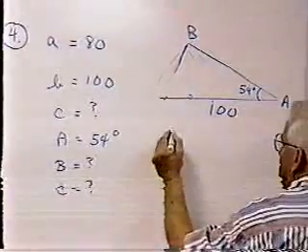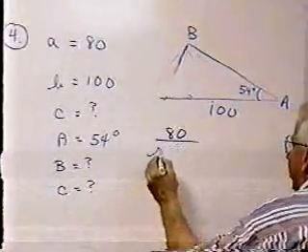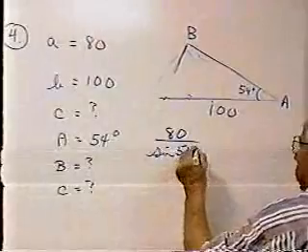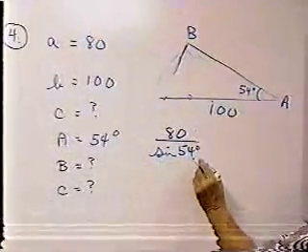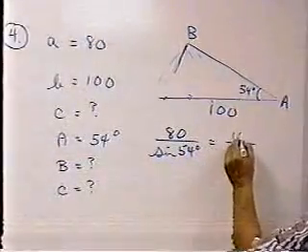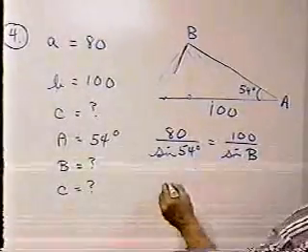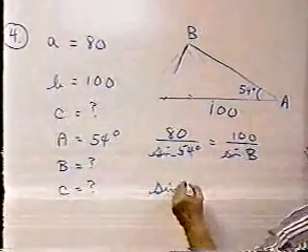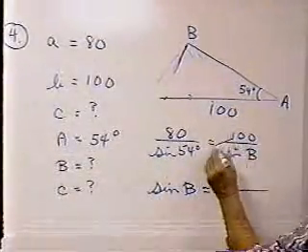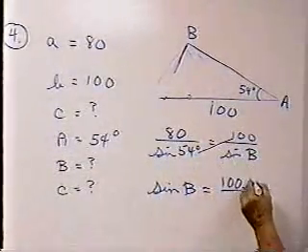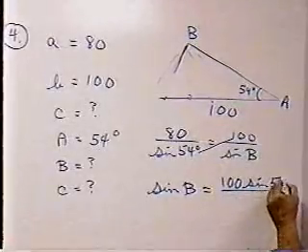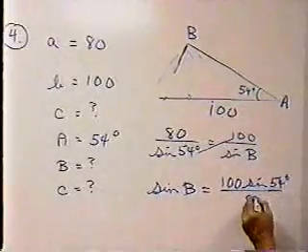Let's see, we have 80 is to the sine of 54 degrees, as B is to the sine of angle B. Cross multiplying, we have the sine of B is equal to 100 times the sine of 54 degrees divided by 80.